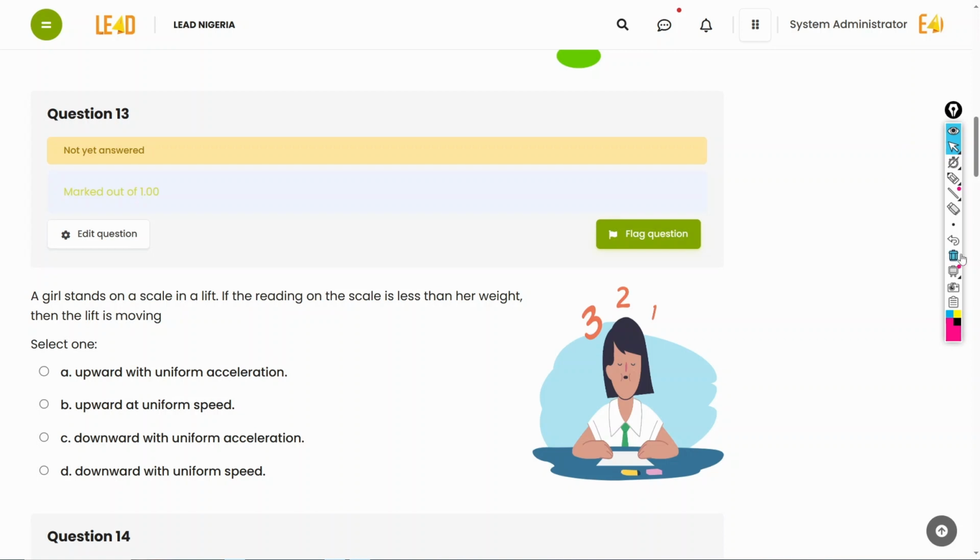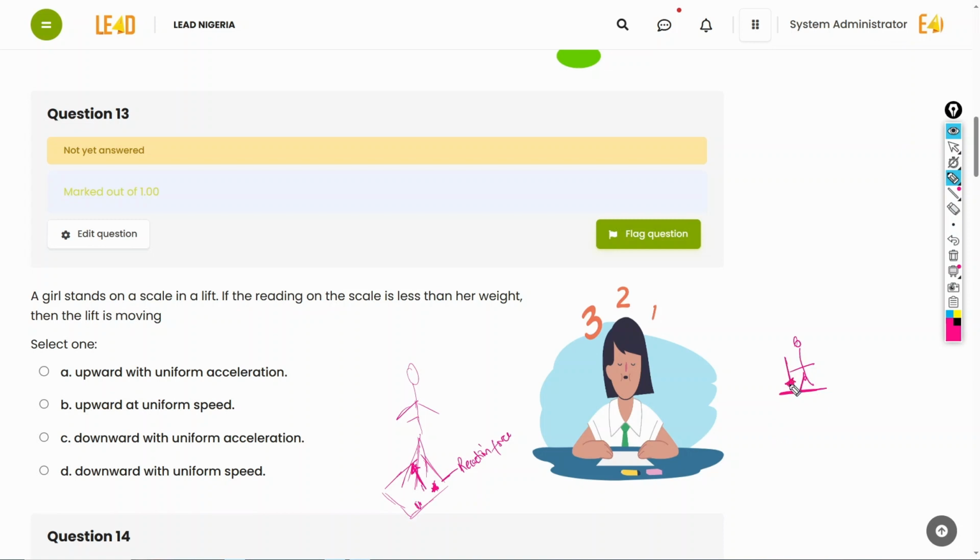Okay, so the first thing you need to know is that when you have a scale and someone is standing on it, forgive my drawing, this scale is reading the reaction force. It is reading the normal force it is pushing back up with. If this is the scale and you're standing on it, you'll be applying a weight downwards.